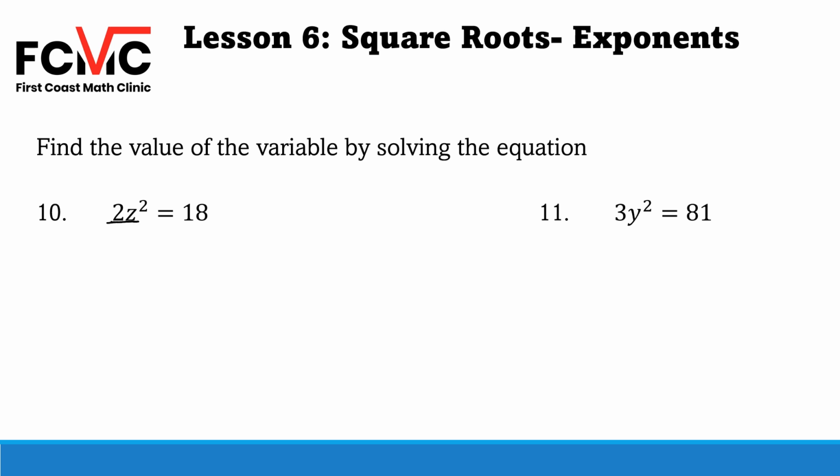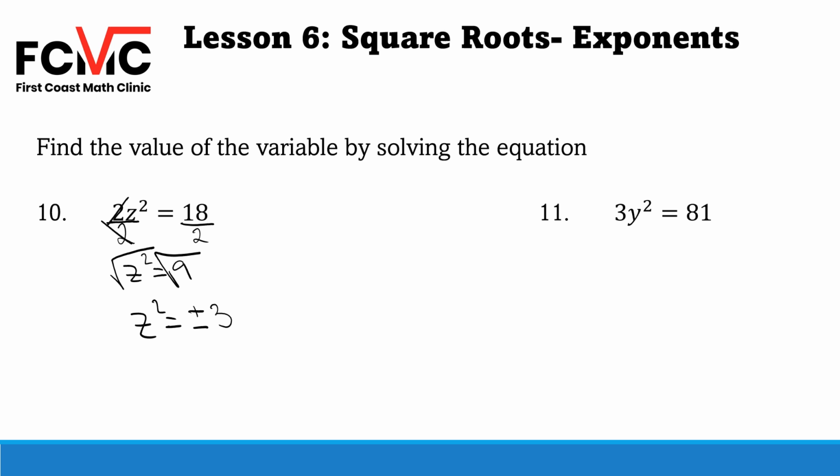So I want to undo multiplication. So let's divide by 2. Divide by 2. So the 2's cancel out. I get z squared equals 9. Let's undo squaring z. So take the square root and square root. And then z equals square root of 9, which is going to be positive and negative 3.